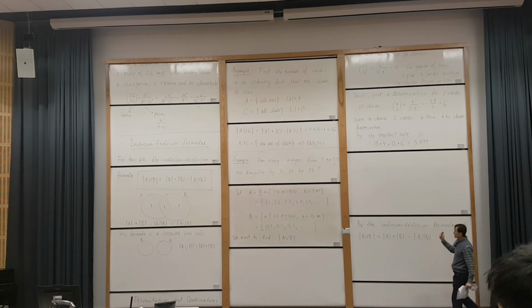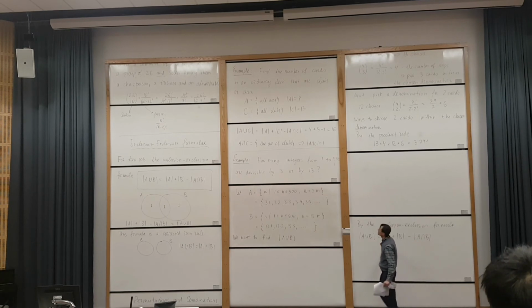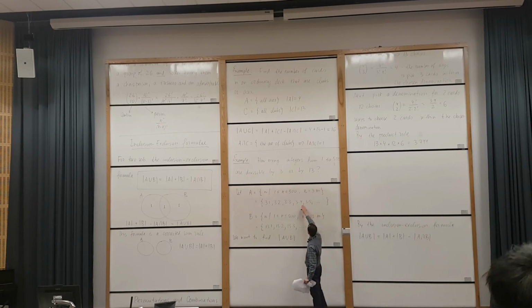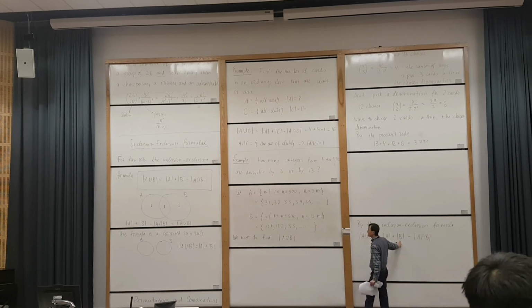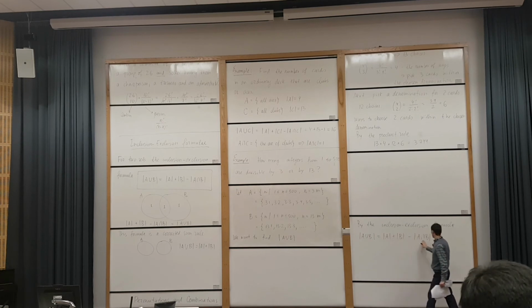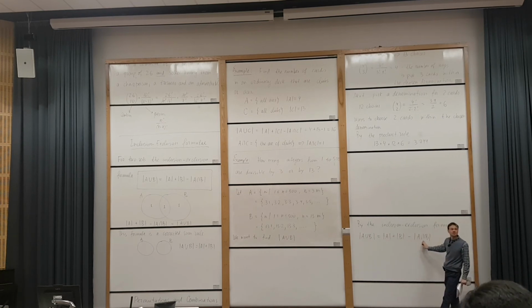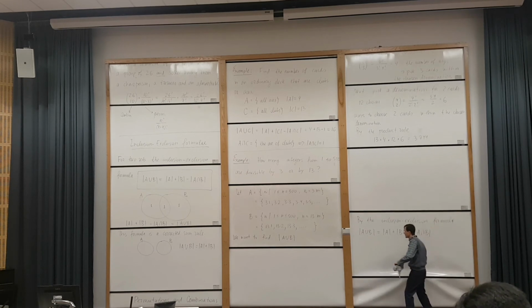So we need to figure out how many elements we have in A, and we have already started describing A explicitly. We need to find the number of elements in B, and then we need some description and the number of elements for the intersection. So let's do one thing at a time.